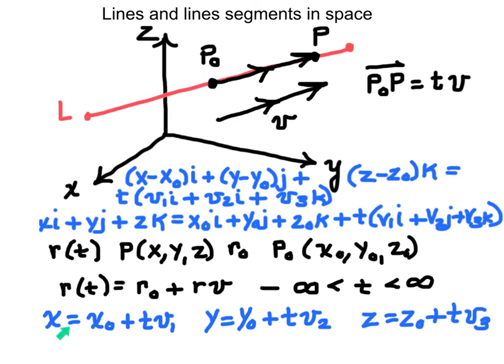So these three equations, 1, 2, 3, are the parametric equations of the line for values of t from negative infinity to infinity.